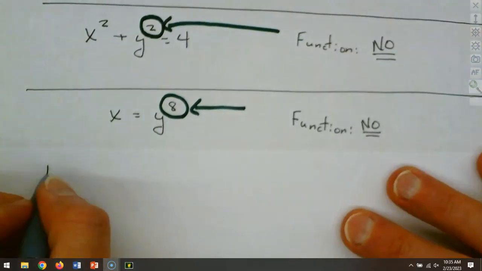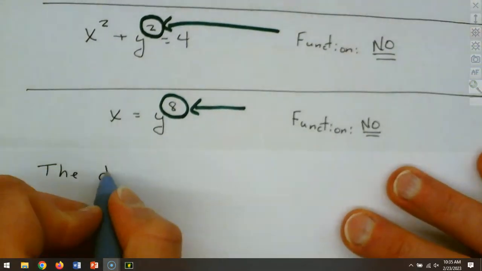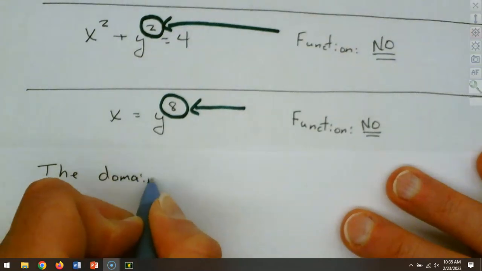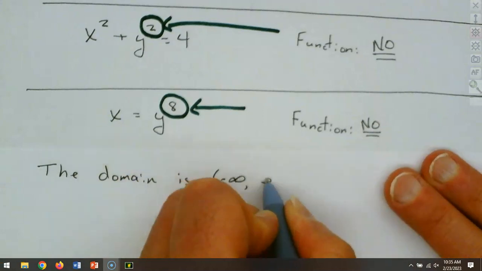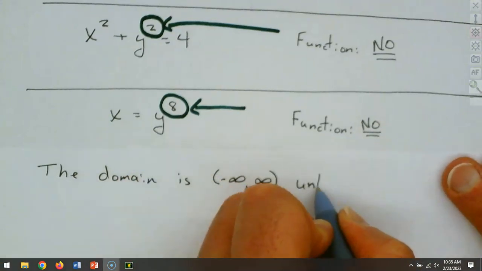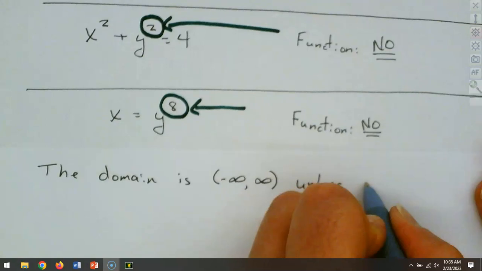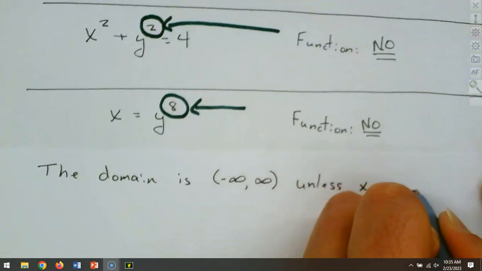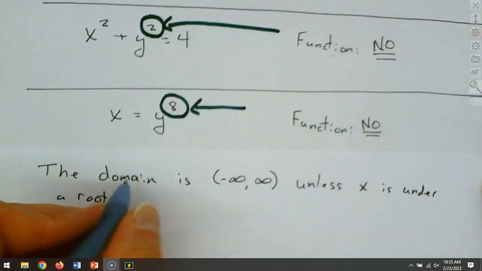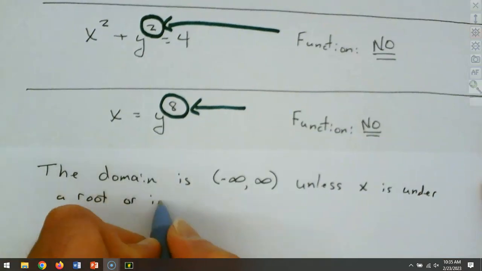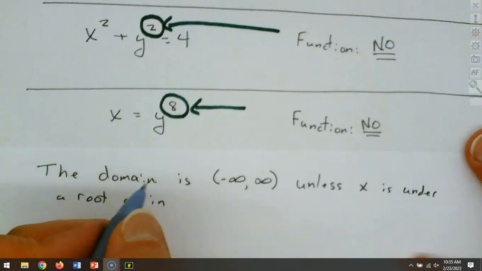So the domain is negative to positive infinity unless x is under a root or in the denominator of a fraction.